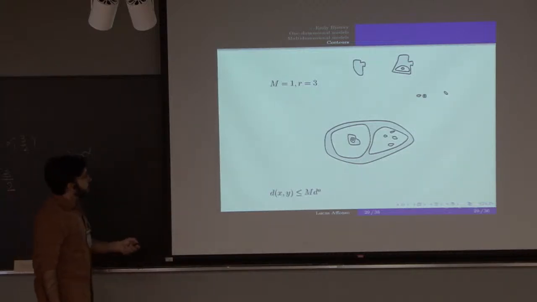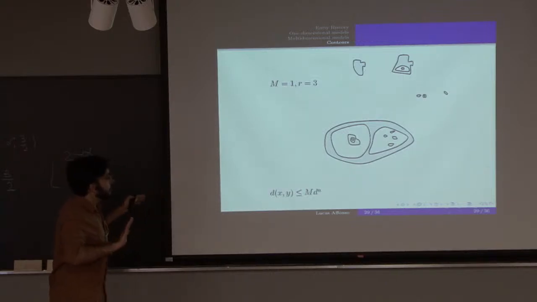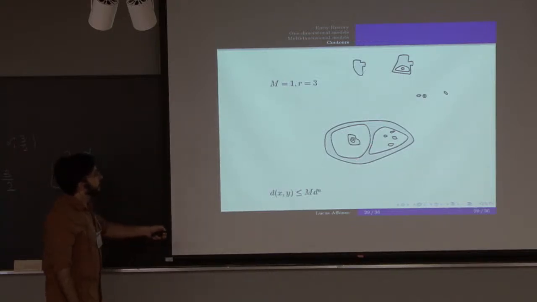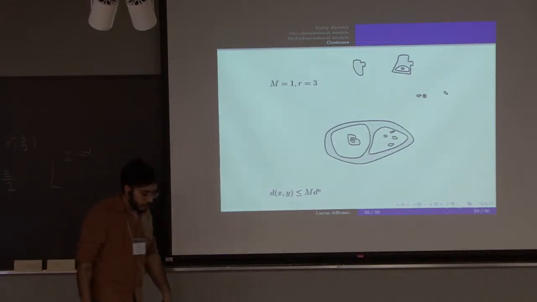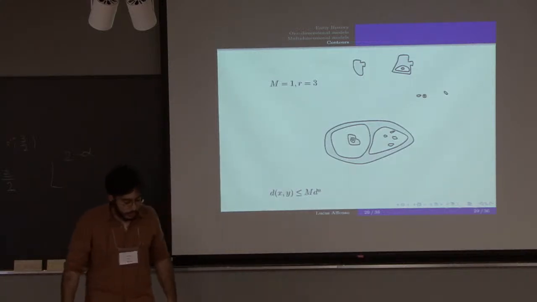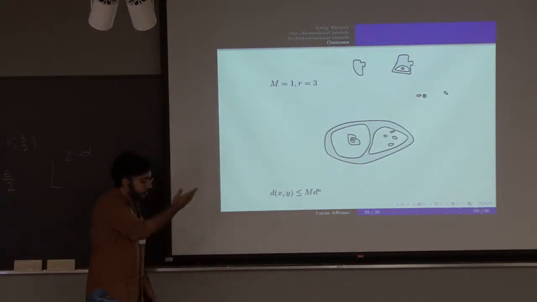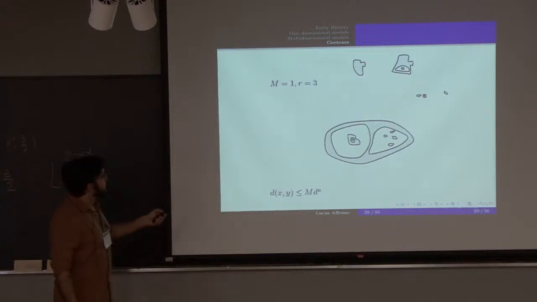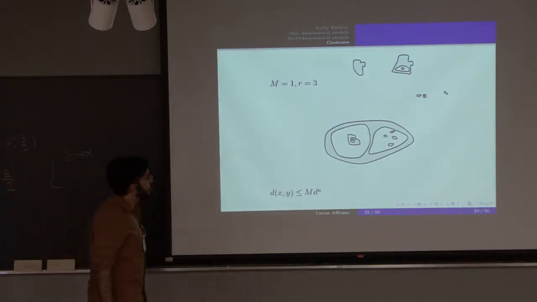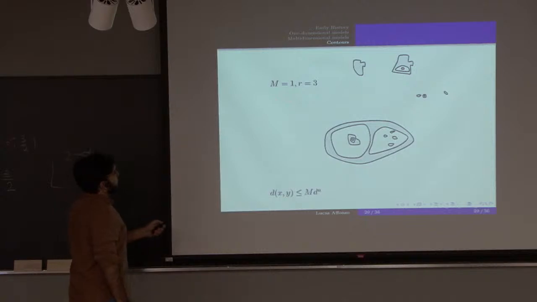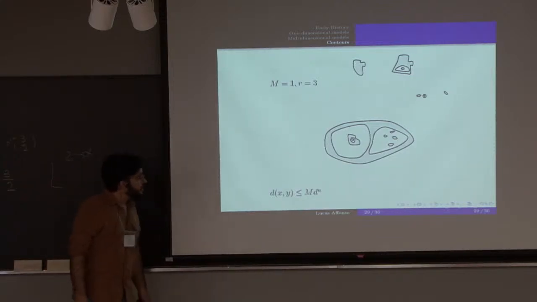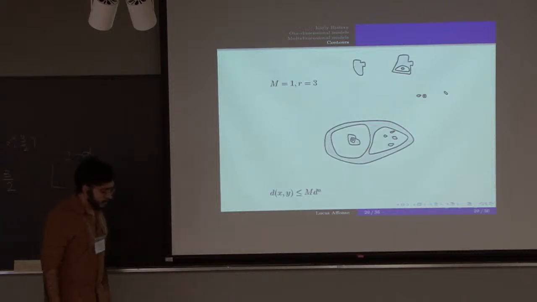Okay, but it's better to show pictures. So suppose that we have these gray regions as being the region of incorrect points that we want to break into connected regions. Sorry, into an MRA partition. Let us choose M equals 1 and R equals 3. So this means that I can only partition things into at most 7 parts. So what you do first is that you take away small components.